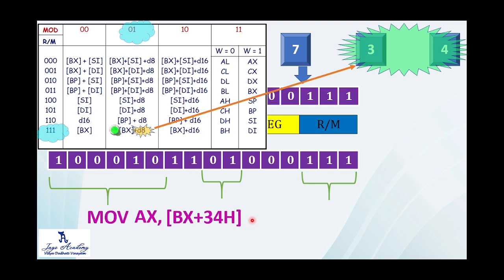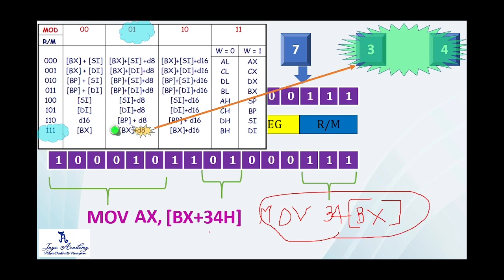The same instruction can also be written as, as we have told you, MOV AX, you just have to put 34 in the square bracket with BX. These two instructions are the same.